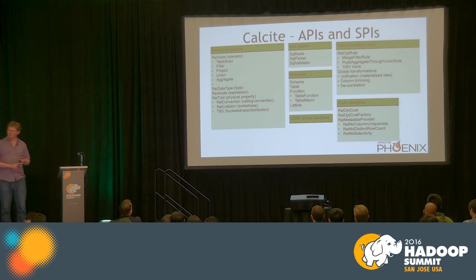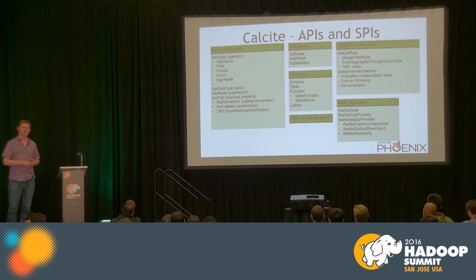Query transformation rules are the discrete pieces of functionality that together make up the planning process. The push filter through join rule is just one of those, and there are 100 or so more. Usually when people use Calcite for a particular engine, they'll end up adding half a dozen more rules, but they'll also use the 100 existing rules.